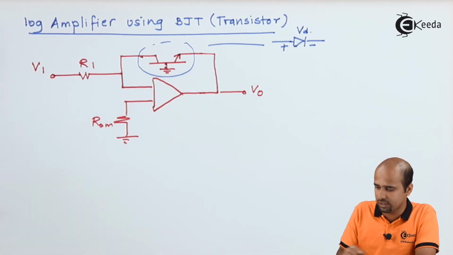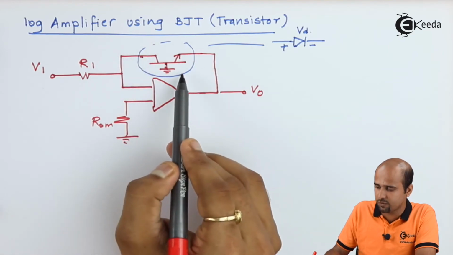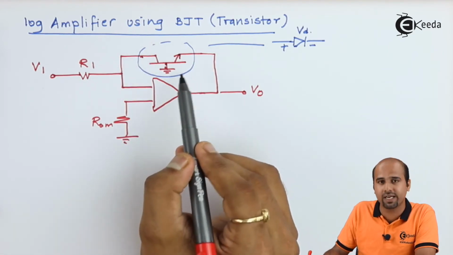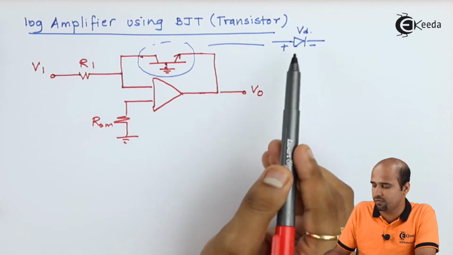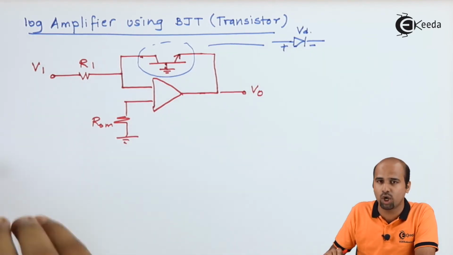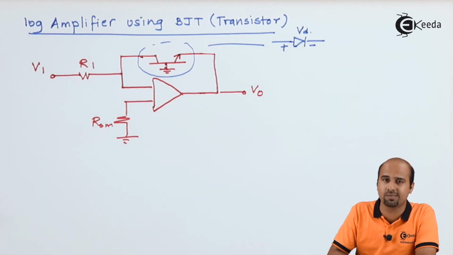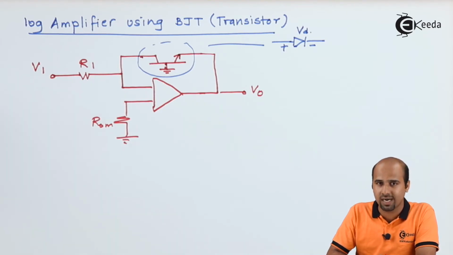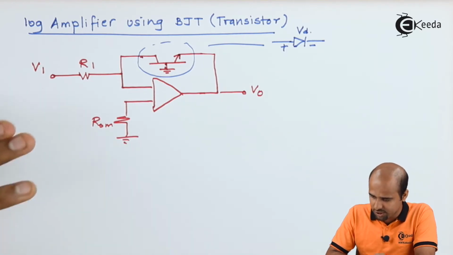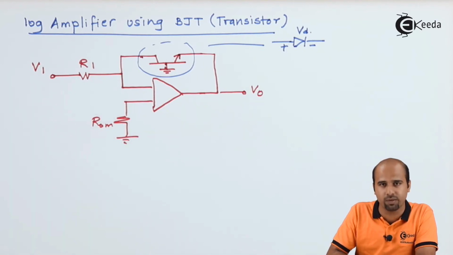Let's proceed further. If we are getting this kind of configuration, then we will be getting VBE instead of VD, and rest all the mathematical expressions will be the same as that of your diode log amplifier. Understanding the concept behind the structure of this transistor is very important.